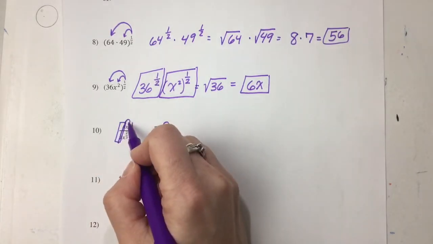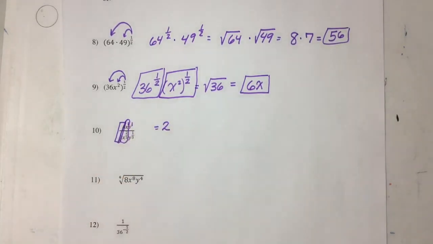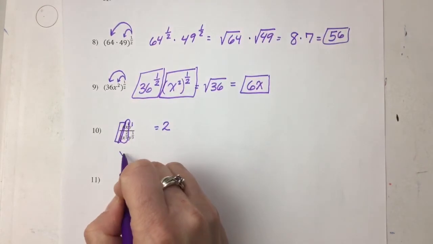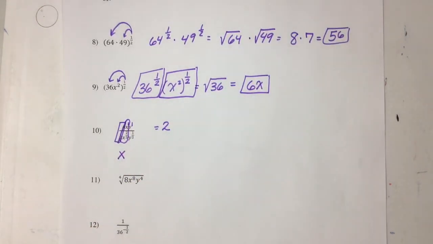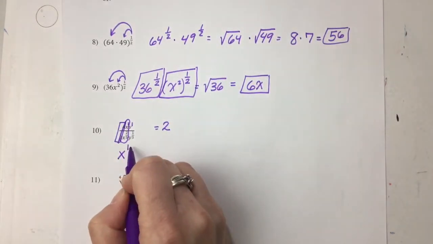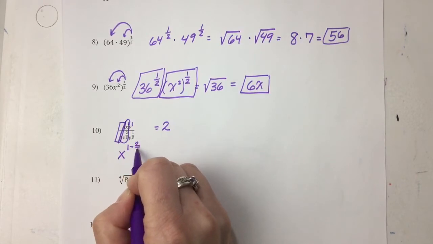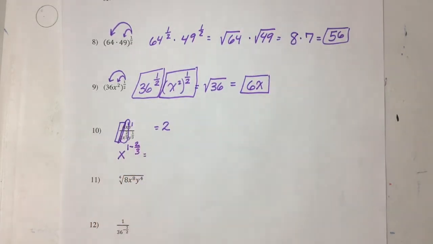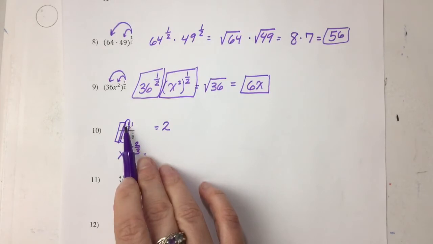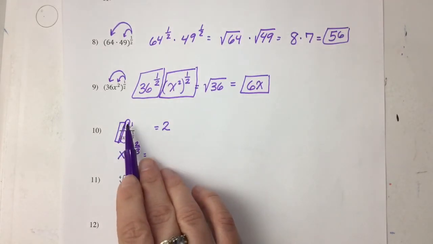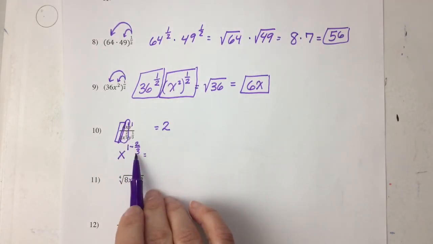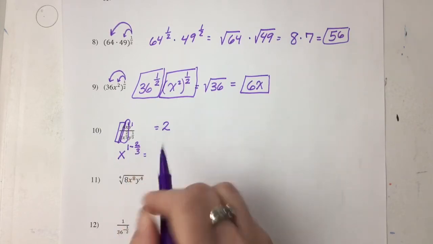You cannot have x's on top and bottom. So you write the base once, so it's x. Top exponent is 1 minus bottom exponent, 2/3. Top has a 1, bottom has a 2/3, it's always top minus bottom. You cannot subtract this like it is because you have to have a common denominator.